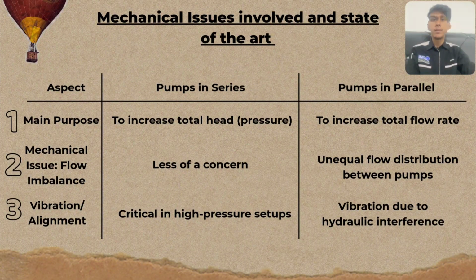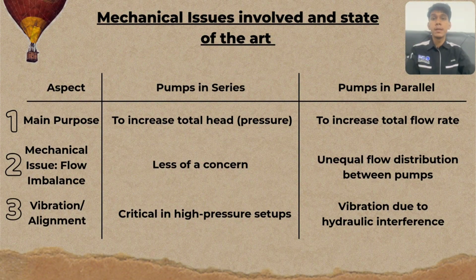B0922109198. So today I will present about the mechanical issues involved and state of the art. We have three aspects to look at, which are the differences between pumps in series and pumps in parallel. The first aspect is the main purpose. In series, we want to increase the total head, like pressure, and in parallel, we want to increase the flow rate.